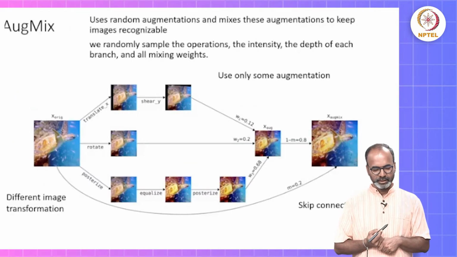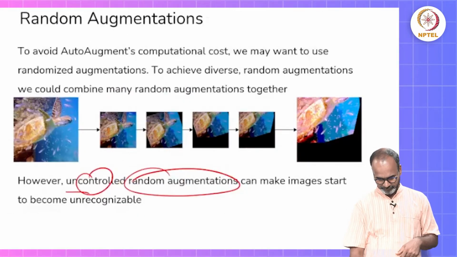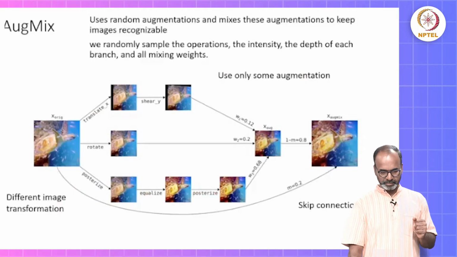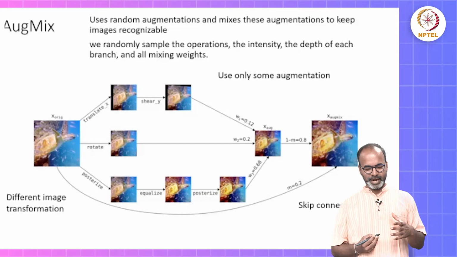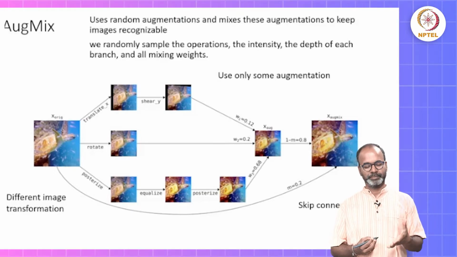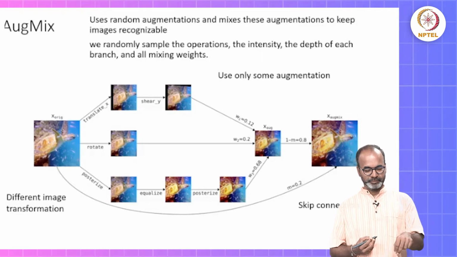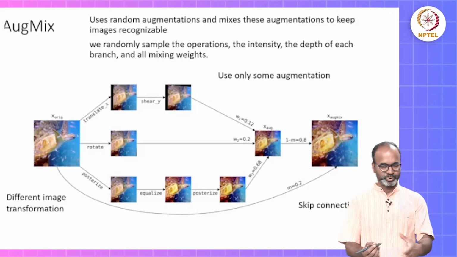Here, if you see, we took the same idea of AutoAugment, but we use random augmentation and mix these random augmentations to keep the images recognizable. We randomly sample the operations, the intensity, the depth of each branch, and all the mixing weights. I'll walk you through what is going on.